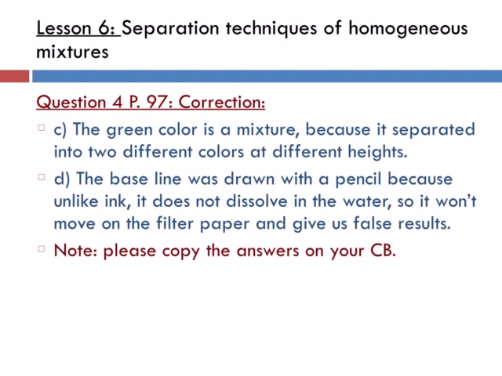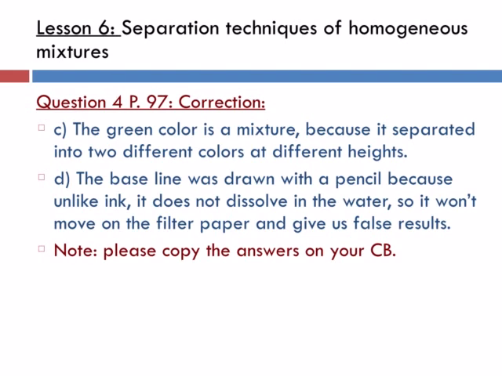In part C, they are asking us to deduce if the green color is a mixture or a pure substance. So from the previous part, we can know that since the green color separated into two dyes at different heights, which are blue and yellow, this means that it's a mixture and not a pure substance.